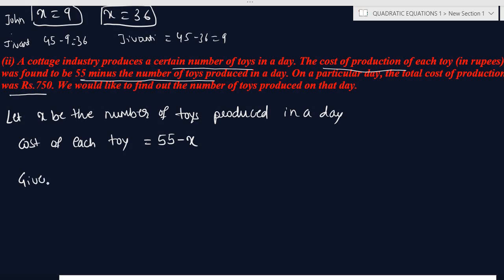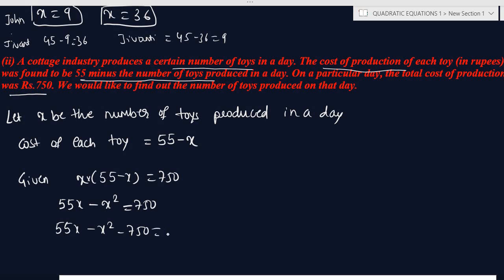So x into the bracket 55 minus x is equal to 750. Multiplying x into 55 gives 55x, minus x into x is x square, that is equal to 750. I'll take everything to one side: 55x minus x square minus 750 is equal to 0.